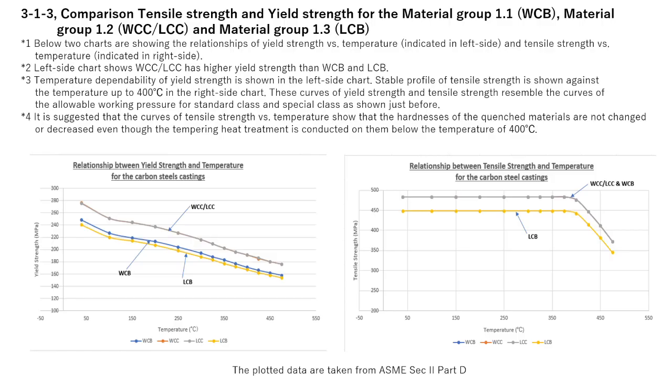If the carbon element and other elements leave the matrix structure, they produce carbide. The tensile strength is reduced, as shown by the curve, like this curve. So the curves reduce.